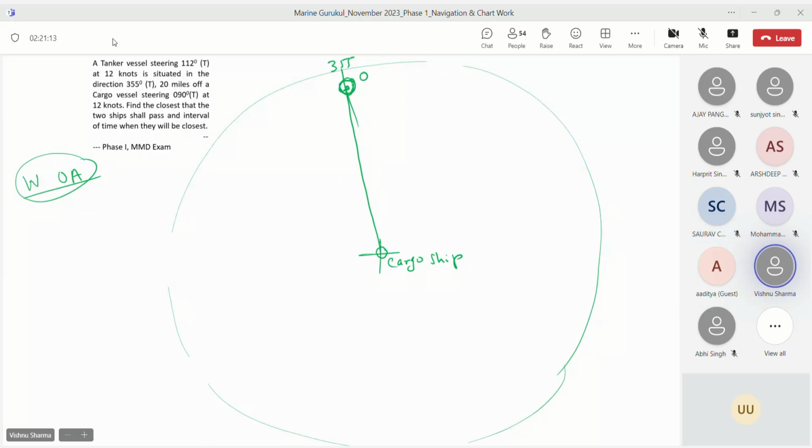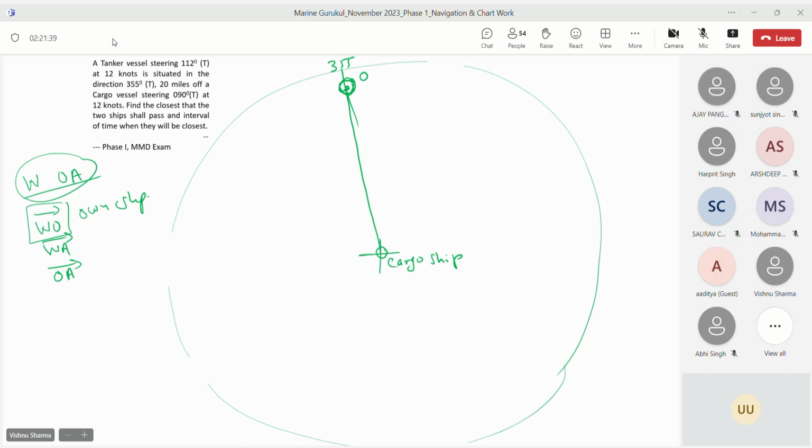Now from O, there are three vectors: WO, WA, and OA. O comes in two vectors: OA and WO. See, do we have the relative line of approach yet? No. Do we have the ownership vector? Yes or no in the question? Read the question. Yes, sir. Ownership course is 090, correct? Yes, sir.